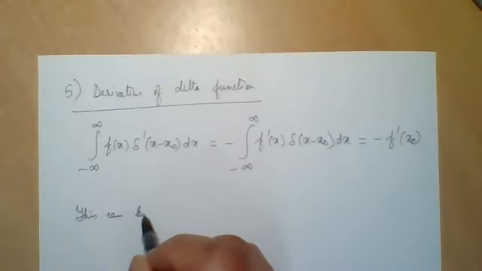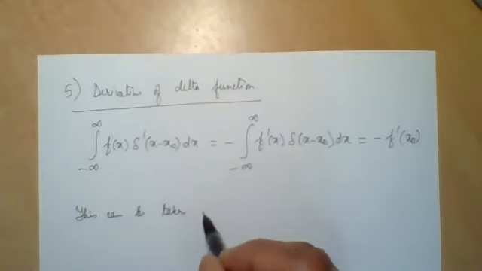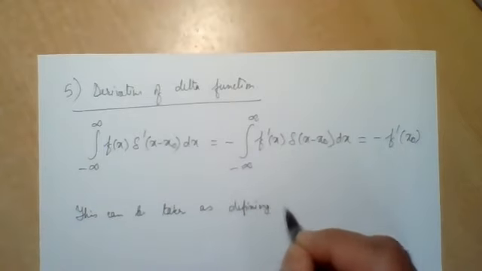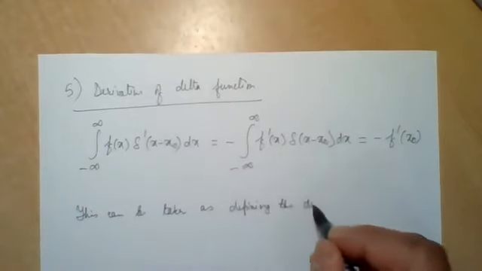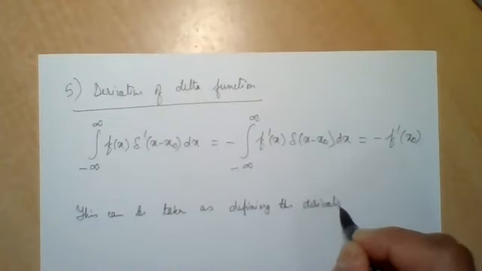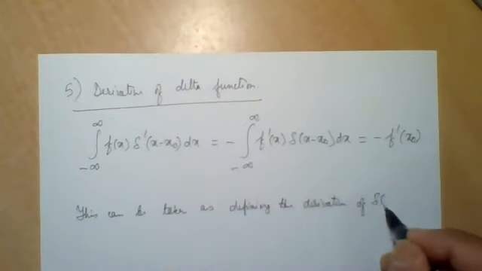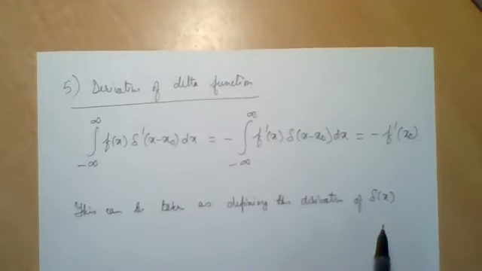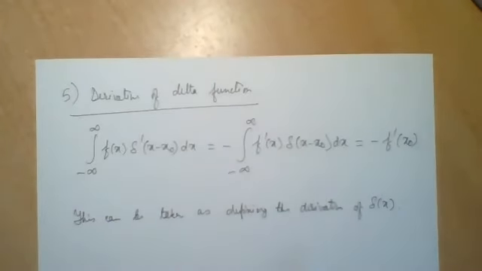This can be taken as defining the derivative of delta(x). It can also be evaluated by performing an integration by parts on any of the sequences which define the delta function. Okay, let me stop the recording here.